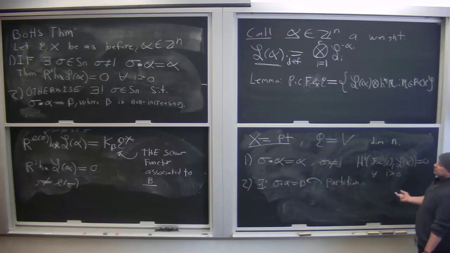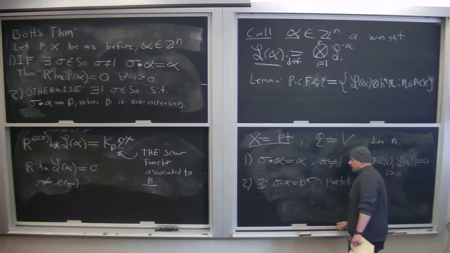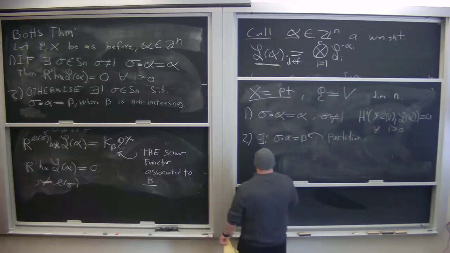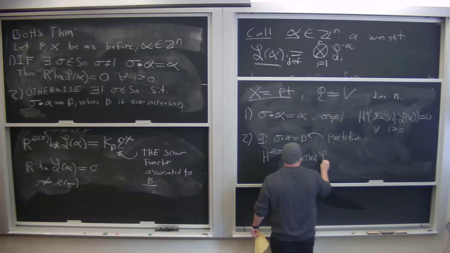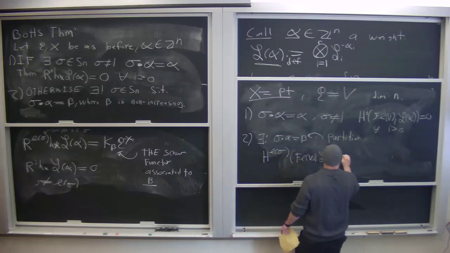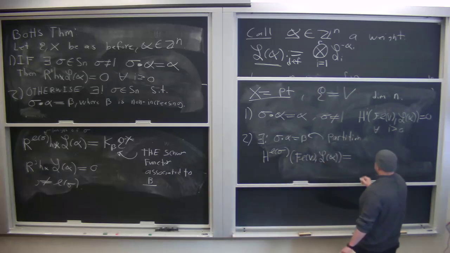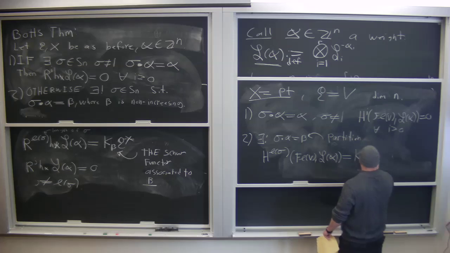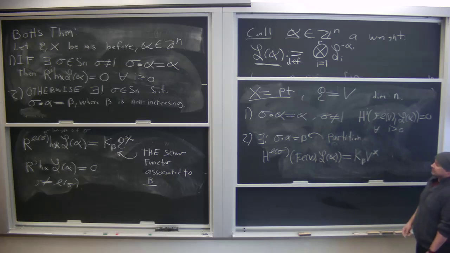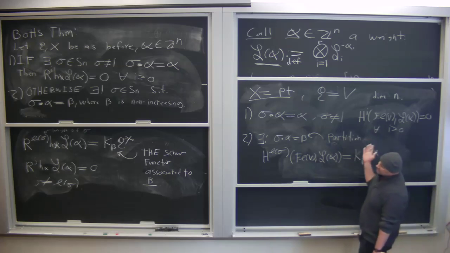Otherwise I find this unique sigma, and then what do I get? I get that H of the length of sigma of the flag variety of the L alpha is now this Schur functor applied to V dual here. So it actually does a few things.